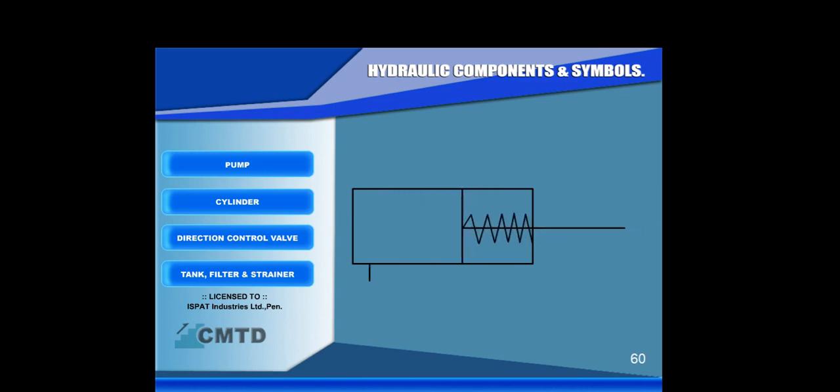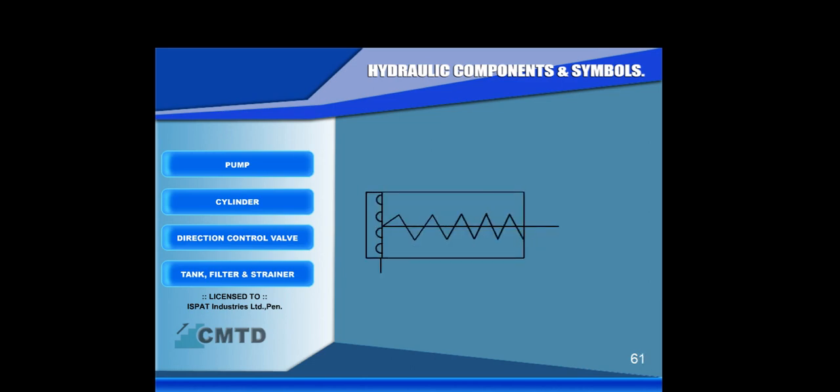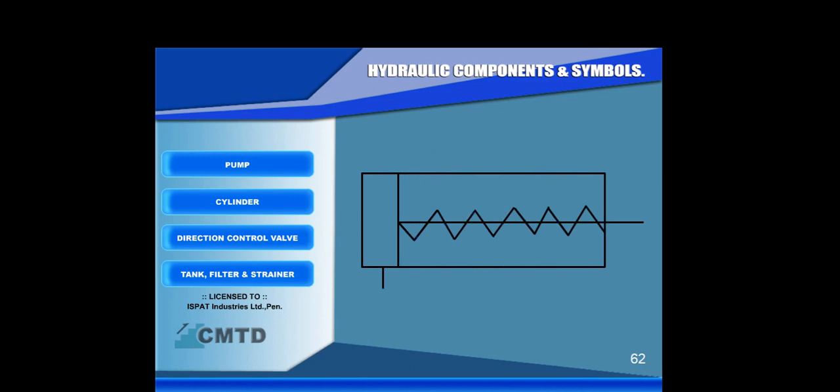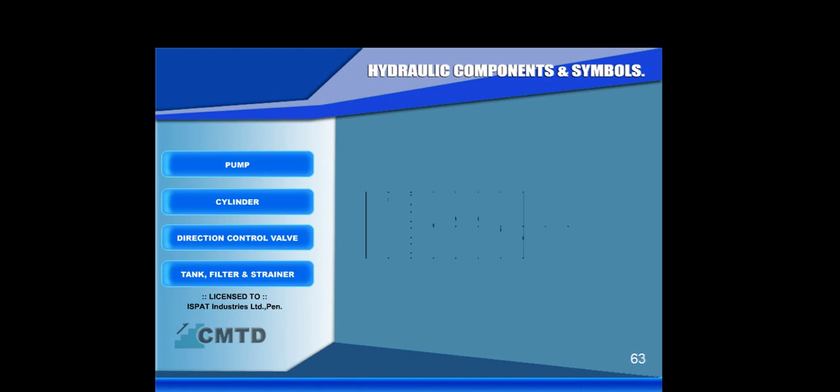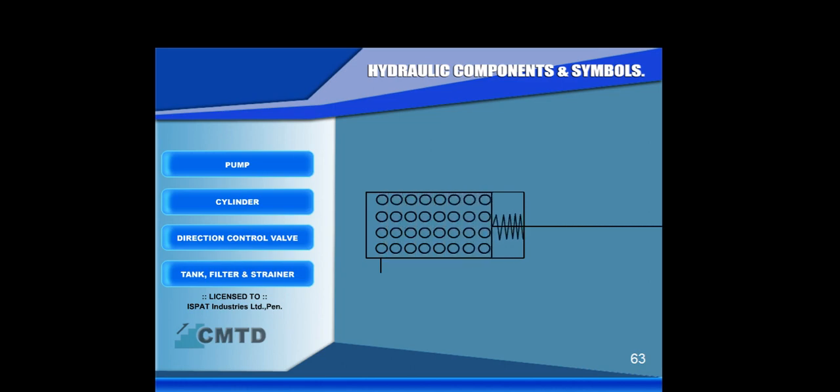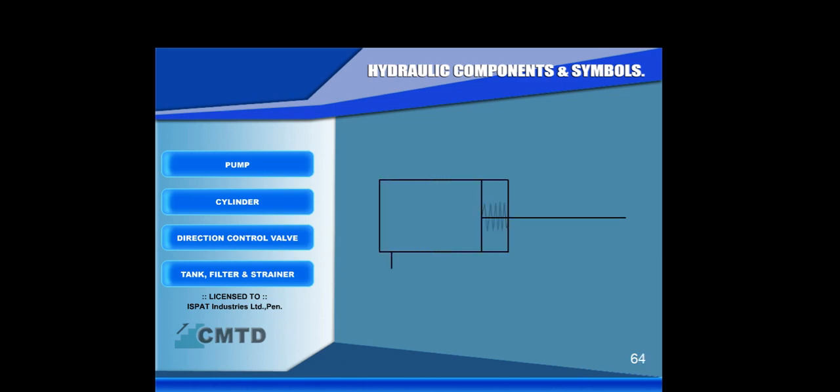Sometimes the return stroke of the piston is effected by a spring. This is called a spring return single acting cylinder. This is the symbol of a spring return single acting cylinder. During the forward stroke, oil enters the cylinder, the piston moves, and the spring on the other side is compressed.